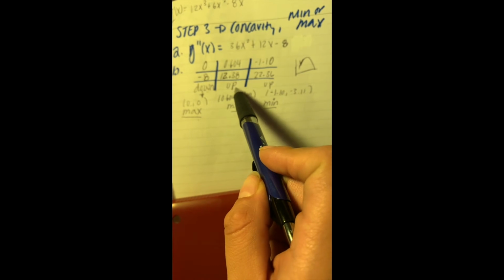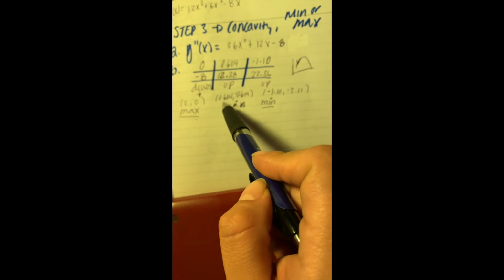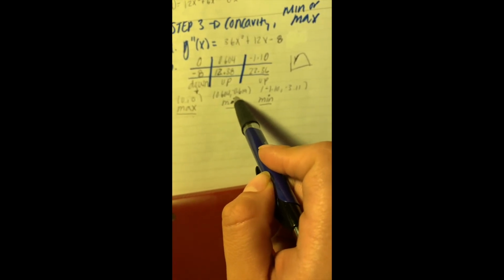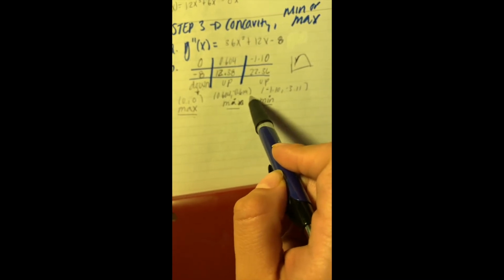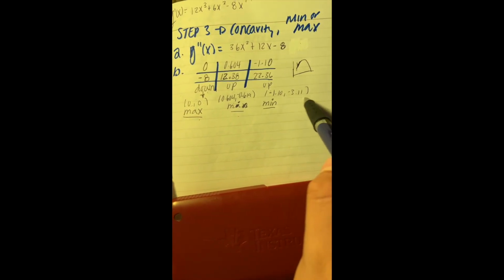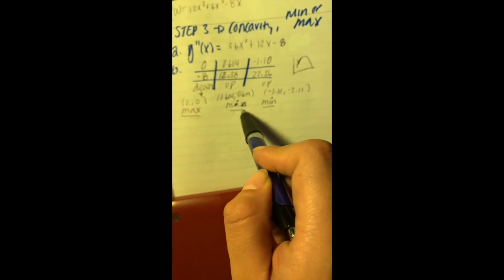Because this 12.38 was concave up, this coordinate of 0.604, negative 0.619 is a minimum. And then since this was up, this coordinate right here is going to be another minimum. I meant to say minimum for this one as well. These two are minimums. And that's basically how we were able to find not only the coordinates of the stationary points, but also classify them.